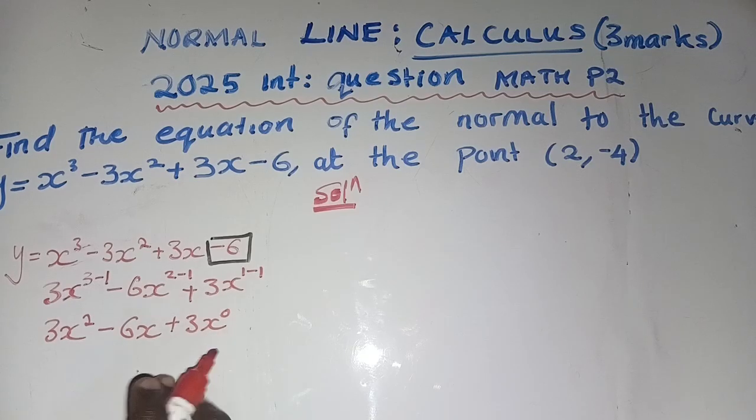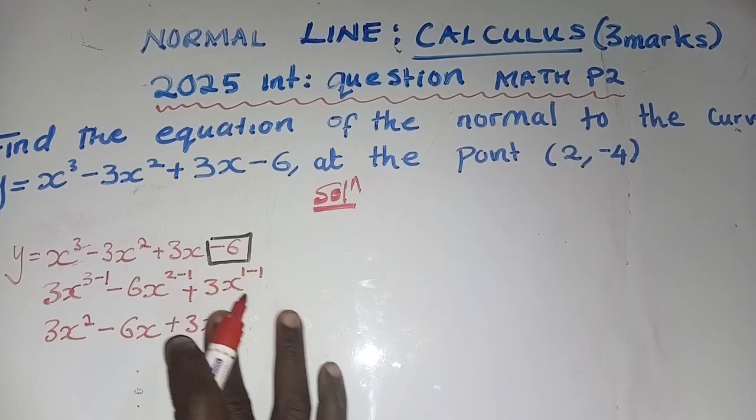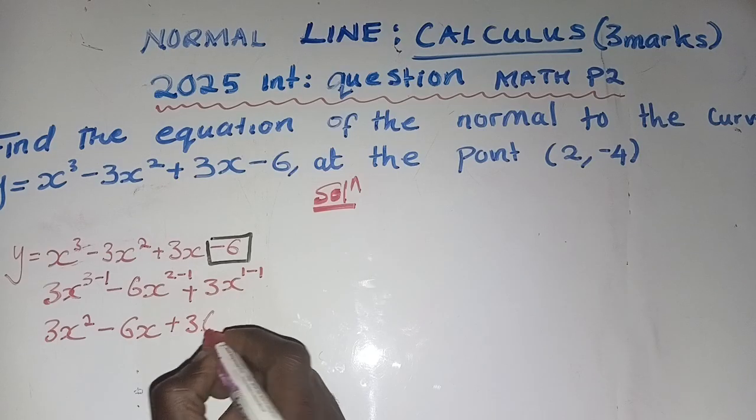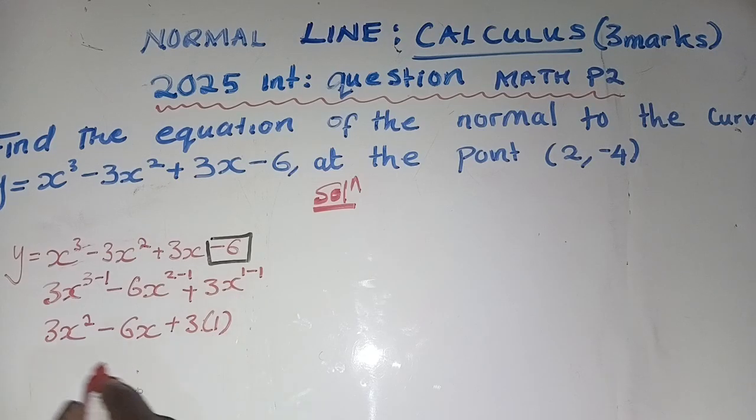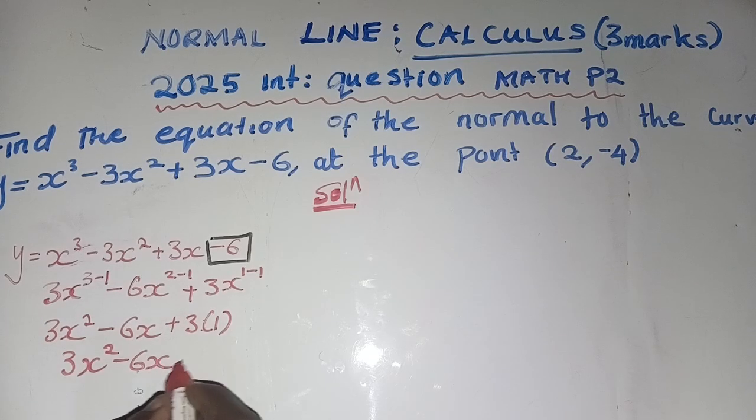Any number to the power 0 is equal to 1, so instead of writing x to the power 0, we can also write 1. If we multiply, we have the final answer as 3x to the power 2 minus 6x, then plus 3.